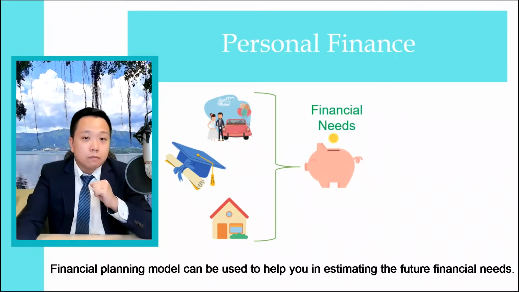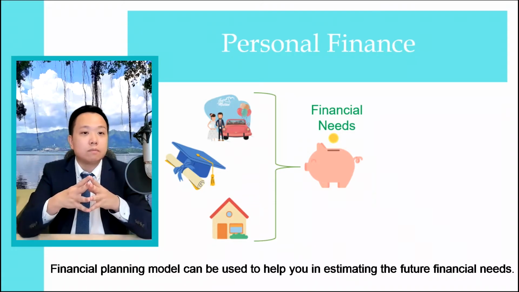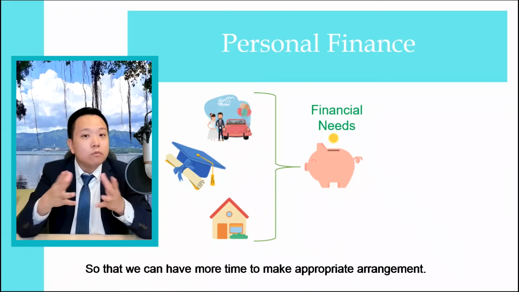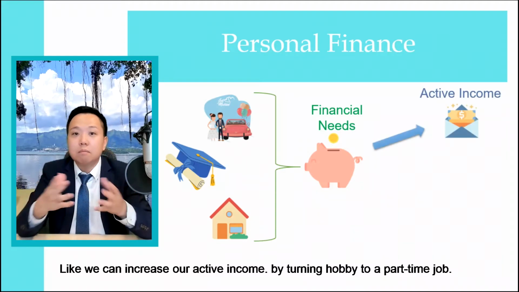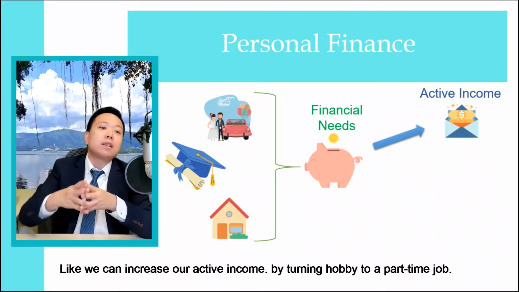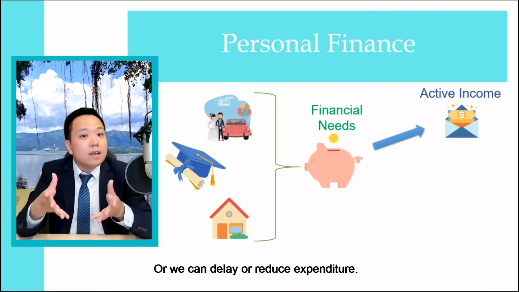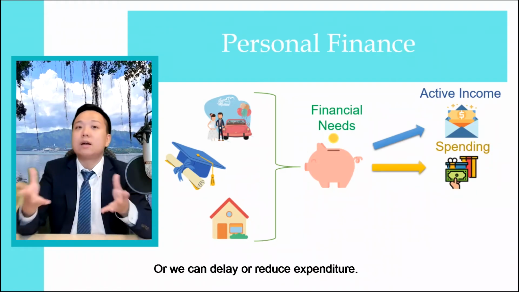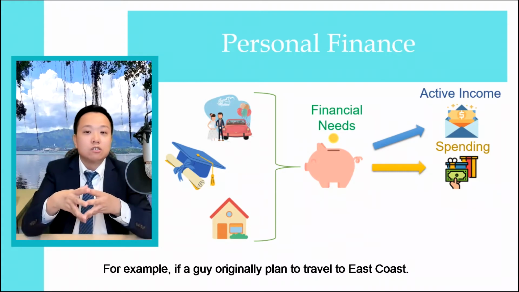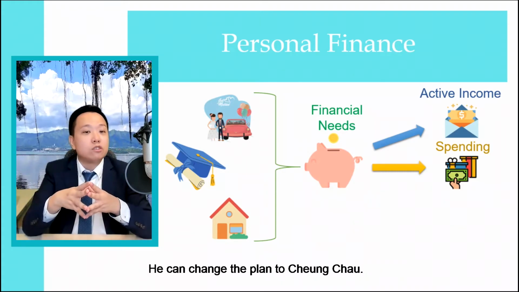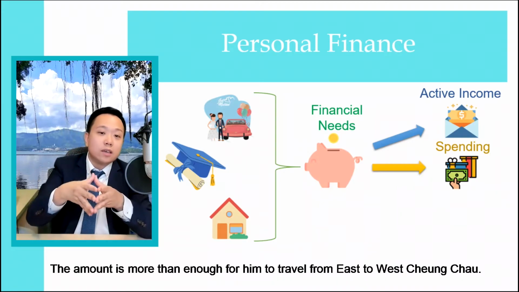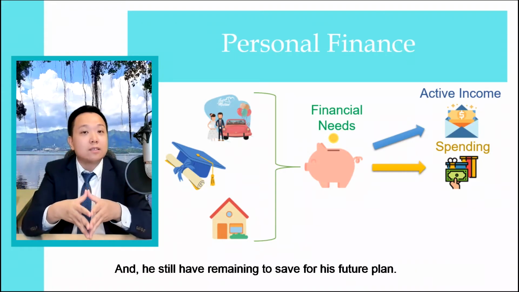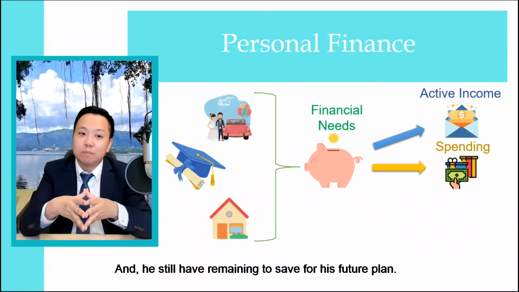The financial planning model can help you estimate future financial needs so that we have more time to make appropriate arrangements. For example, we can increase our active income by turning hobbies into a part-time job, or we can delay or reduce expenditure. For example, if a guy originally planned to travel to the East Coast, he can change the plan to Changzhou. The amount would be large enough for him to travel from East Changzhou to West Changzhou and still have a lot of money to save for his future plan.